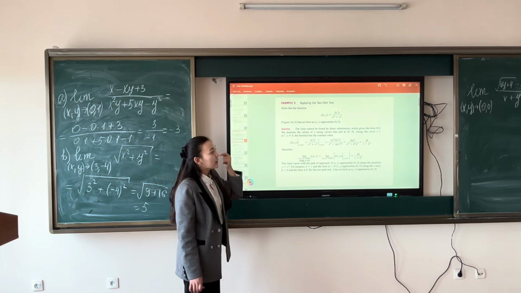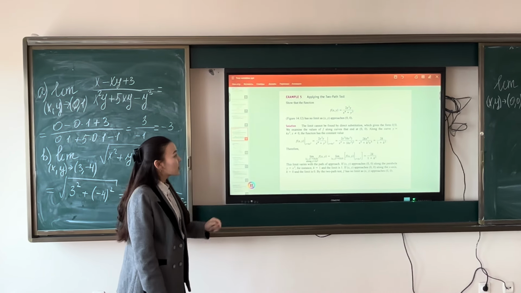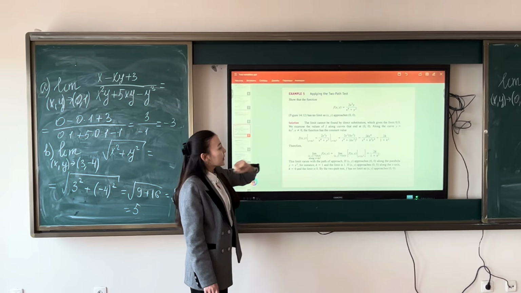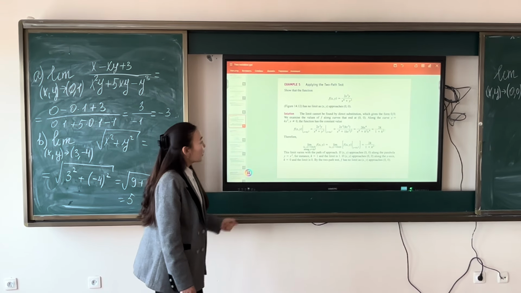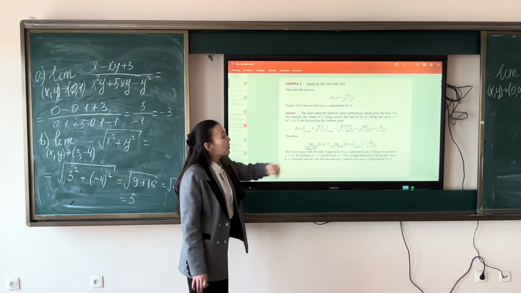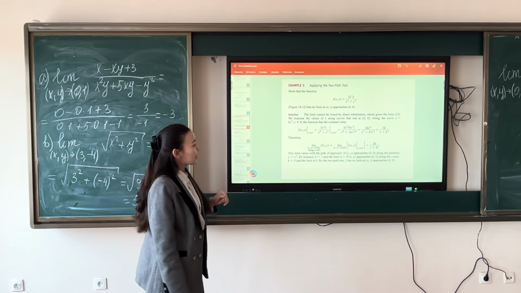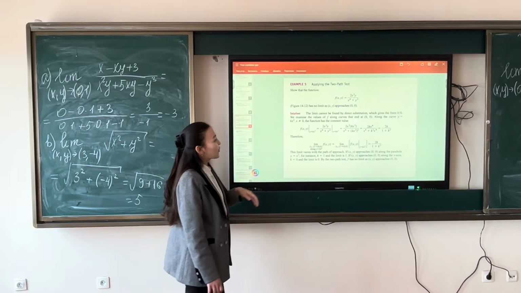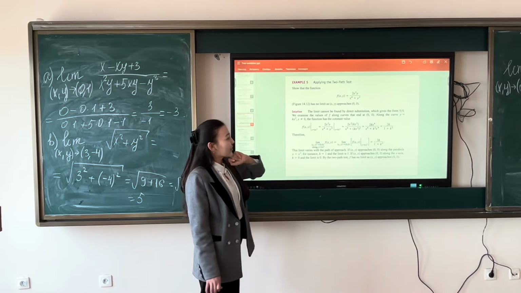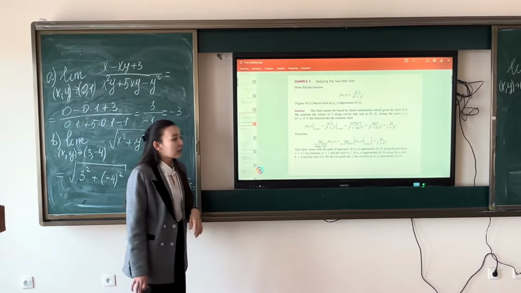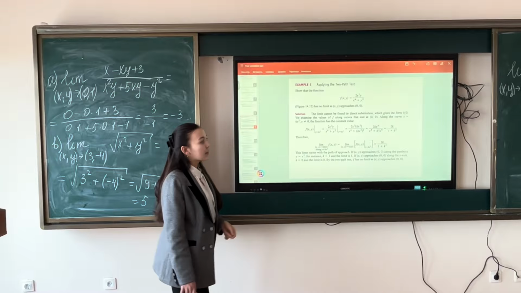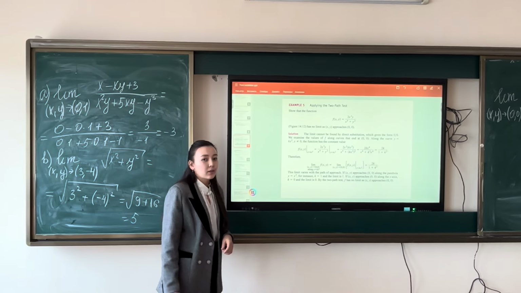Here we will find the limit of the function f as (x, y) approaches (0, 0). The limit cannot be found by direct substitution, which gives the form 0 over 0. We examine the value of f along curves that end at (0, 0).